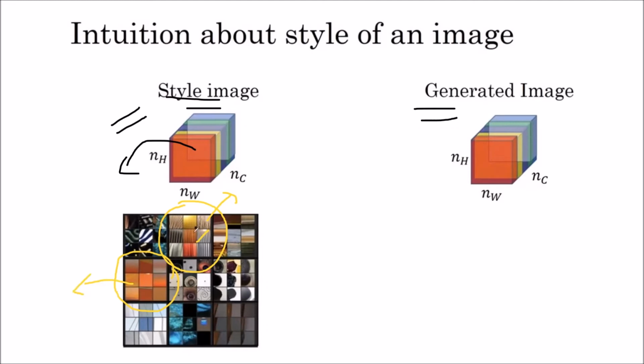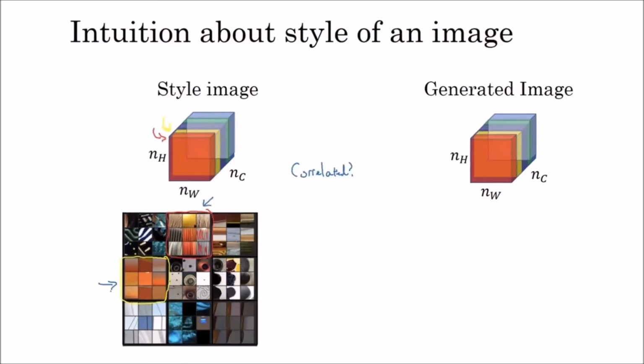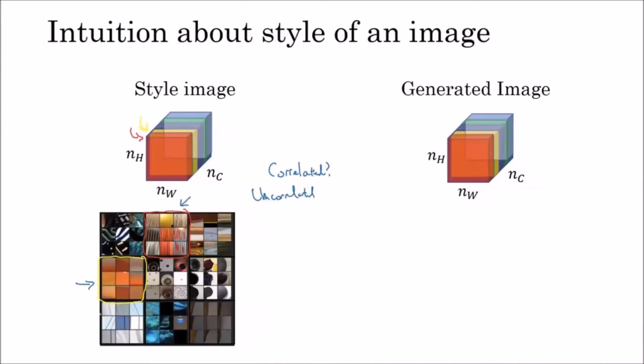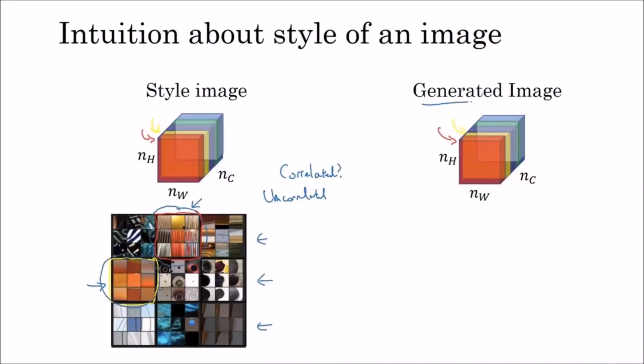So the correlation between these 2 channels indicates that whenever we get vertical marks, if the background of those vertical marks is orange, then these 2 are correlated. That is how we are measuring the style of an image. If the strikes don't have the orange background, then we call that uncorrelated.